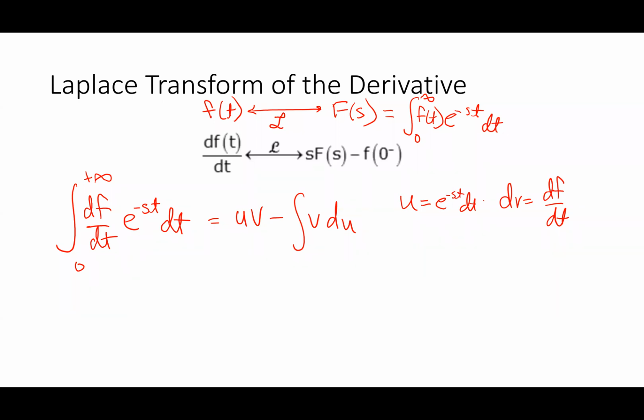If I did that, what I end up with is that the Laplace transform of this guy is s times the Laplace transform of the function minus whatever the initial condition value is for the function.